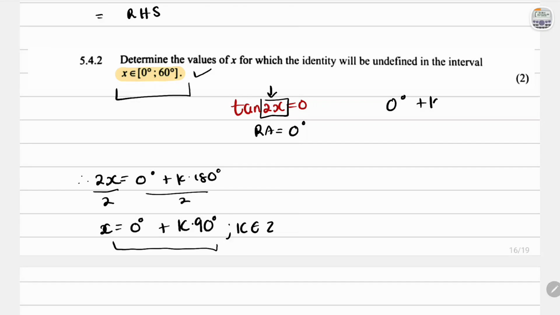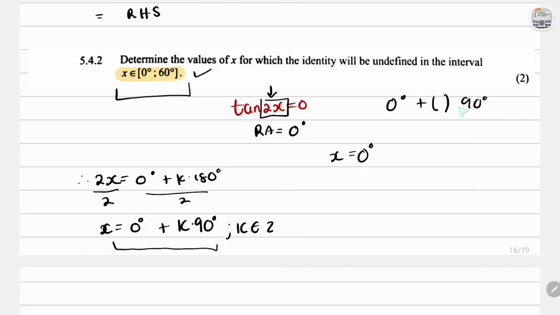You can substitute 0 in place of k, because we need to substitute only integers. The x value you get is 0 degrees, since 0 times 90 is 0, so that's 0 plus 0, and we know that 0 is within that interval. If you put anything other than 0, it's really not going to work.